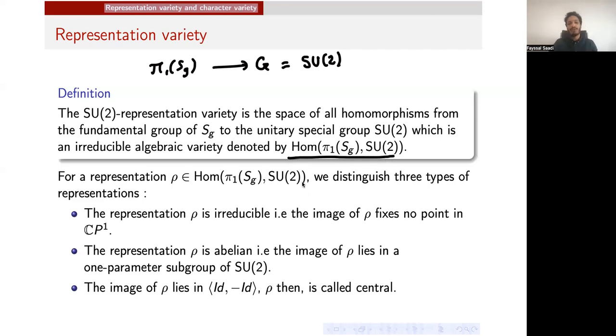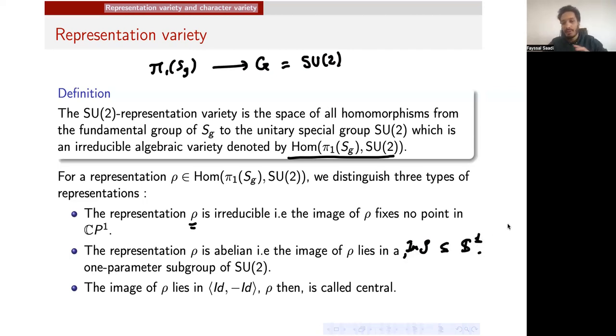And if you have a representation in the Hom variety, we have three possible cases. Either rho is irreducible, that means that rho fixes no direction in CP1. Otherwise, if the image fixes the same vector on CP1, that means that rho is abelian. That means that the image of rho lies in a one parameter subgroup in SU2.